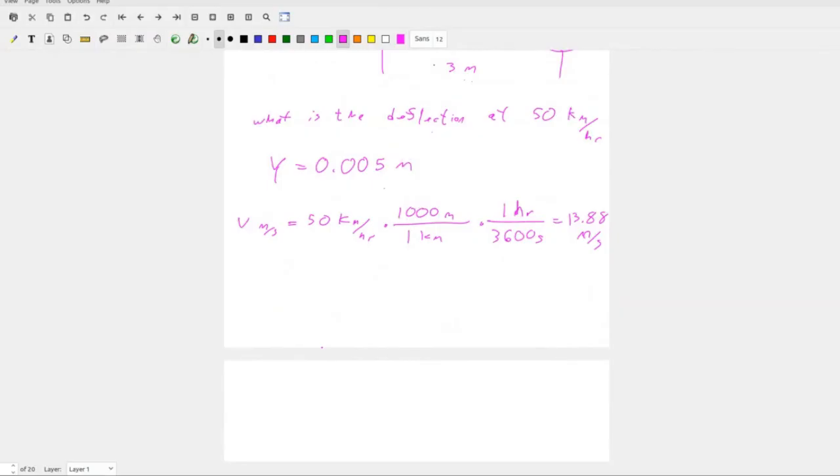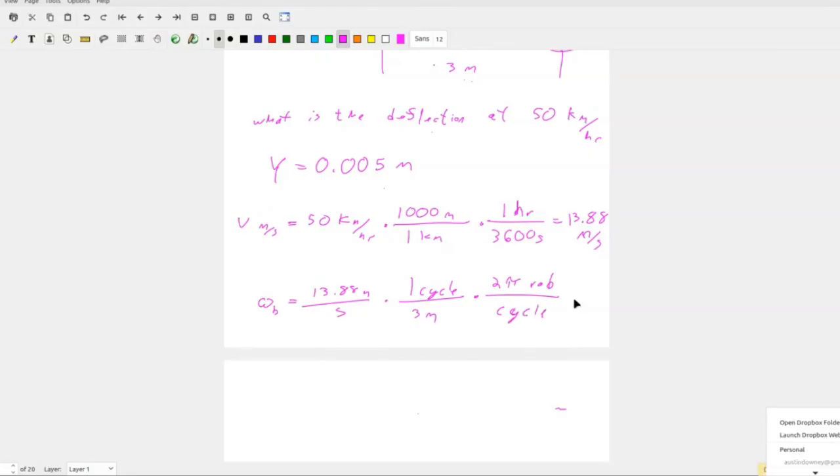And then omega b is equal to 13.88 meters per second times 1 cycle per 3 meters, right? That's how long it takes me to go over 1 cycle, times 2 pi radians per cycle.